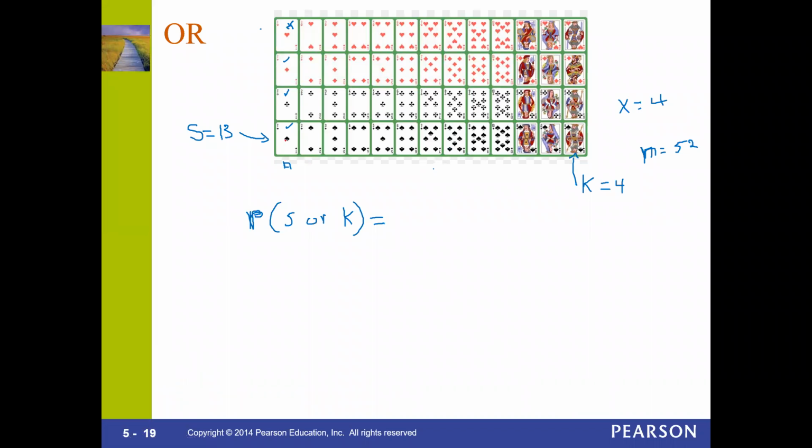I can say this is 1, this is 1, 2, 3, 4, 5, 6, 7, 8, 9, 10, 11, 12, 13, 14, 15, 16. We got 16 of them in total.